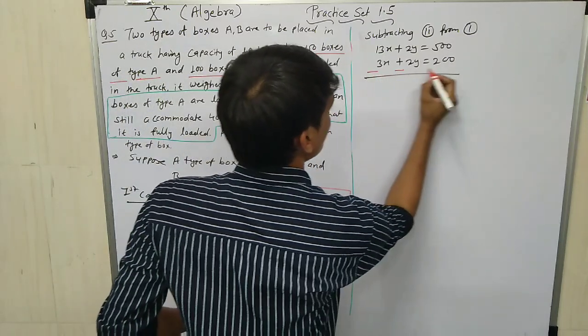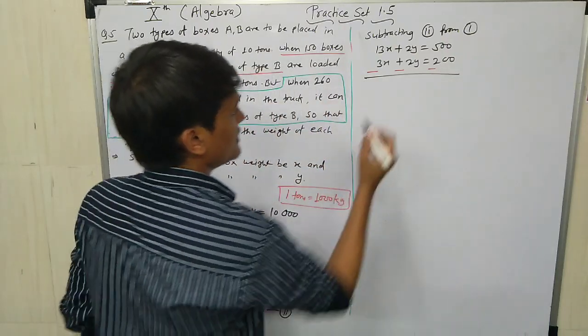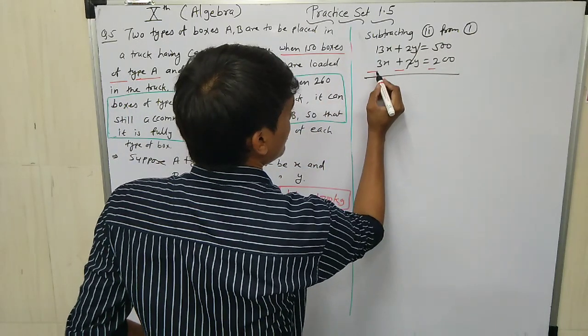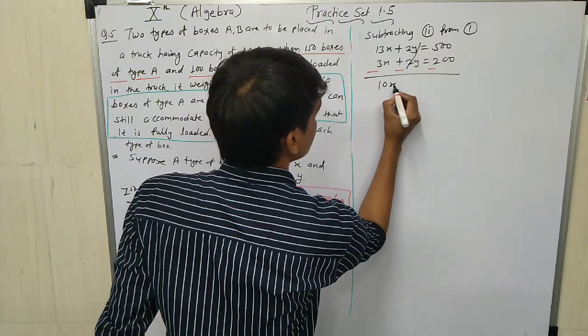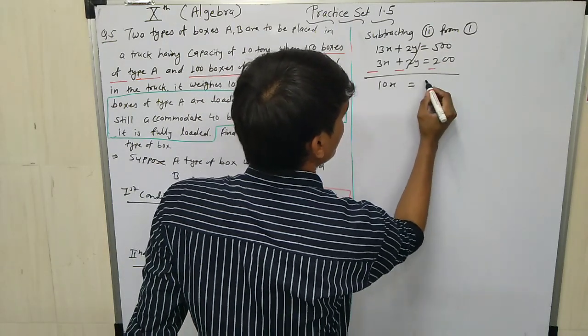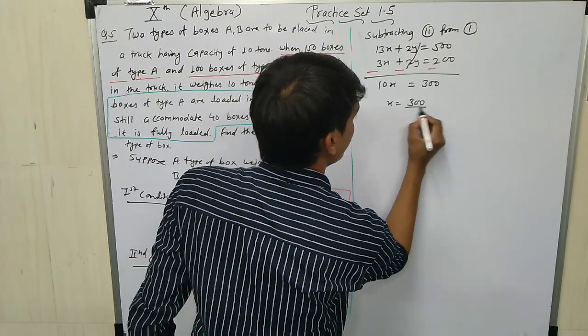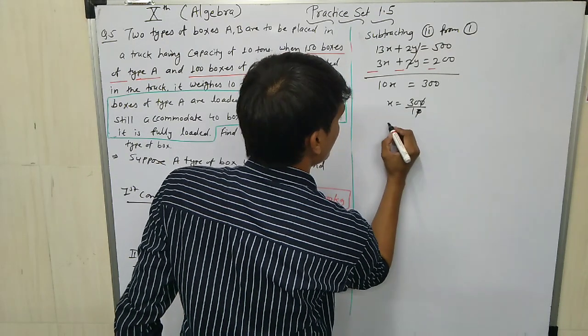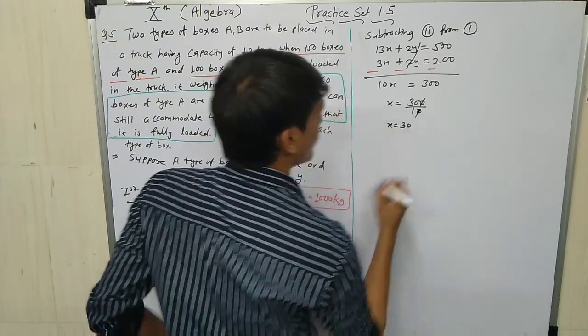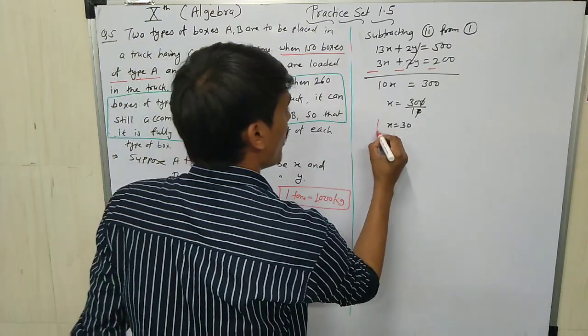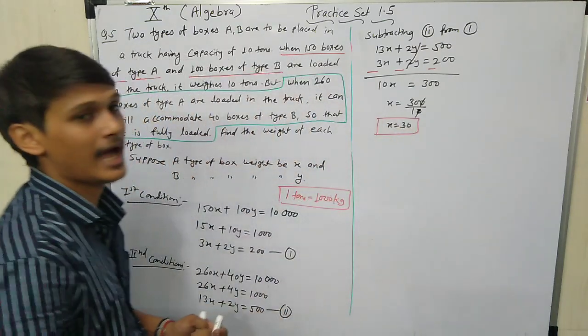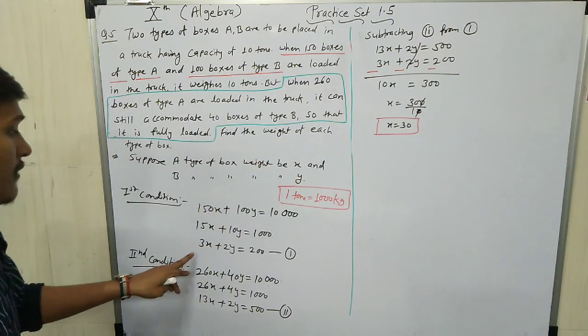Subtracting means the sign will be changed. This is cancelled. 13x minus 3x is equal to 10x is equal to 500 minus 200 is equal to 300. x is equal to what? 300 upon 10 is 30. The x value is 30.